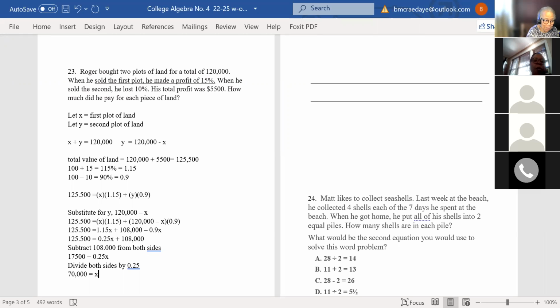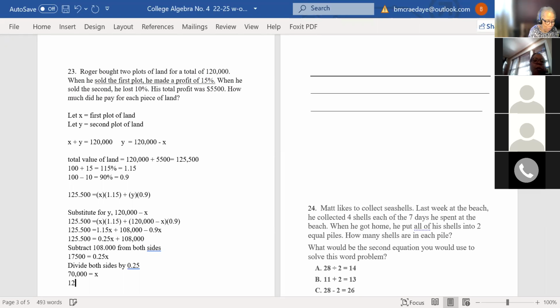What did the other one cost, Latoya? 50,000. That's right. Just subtract that from 120. So if 70,000 equals X, 120,000 minus X equals Y. So that would be equal to 50,000.